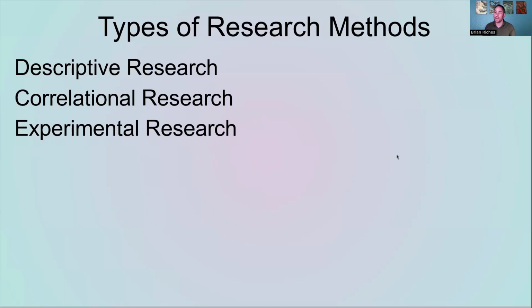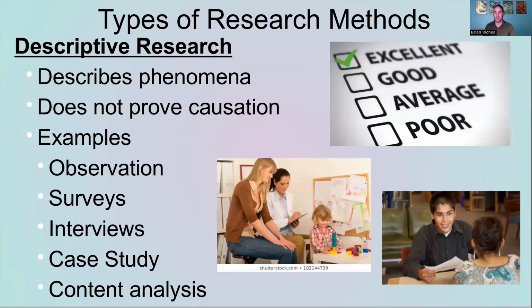All right, so let's talk about a couple types of research: descriptive, correlational, and experimental. Descriptive is pretty easy to understand. You're describing a phenomenon. You don't try to prove causation here. Some examples of this are just doing observations. Surveys can be descriptive. You can use surveys in experiments as well. Interviews, case studies, and content analyses.